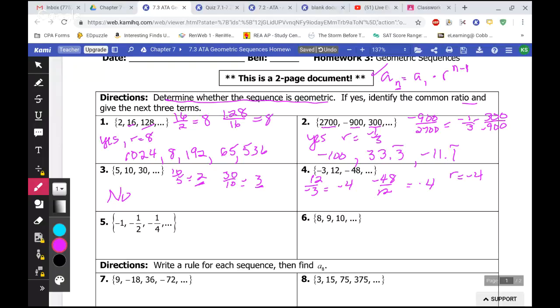So then I take that negative 48, multiply it by a negative 4, and I get 192. And then I take 192, multiply it by a negative 4, and I get negative 768. And then I take negative 768, multiply it by a negative 4, and I get a 3,072.